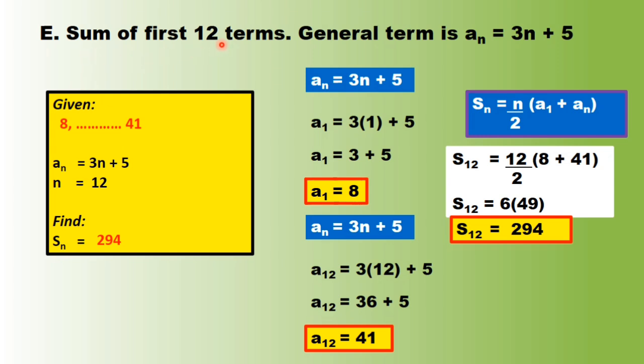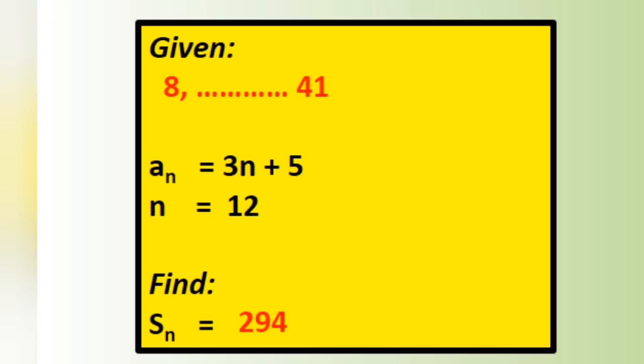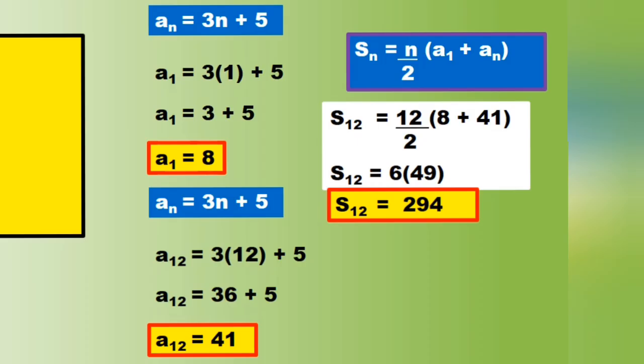Sum of the first 12 terms, where the general term A sub n is equal to 3n plus 5. So, given the general term, which is 3n plus 5, and the number of terms is 12, we get the first term, or A sub 1.